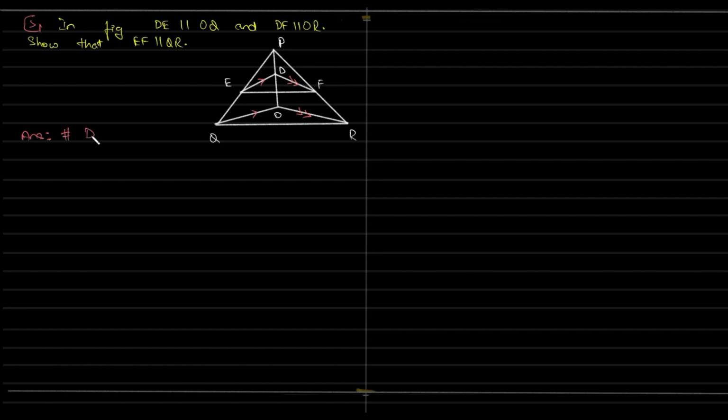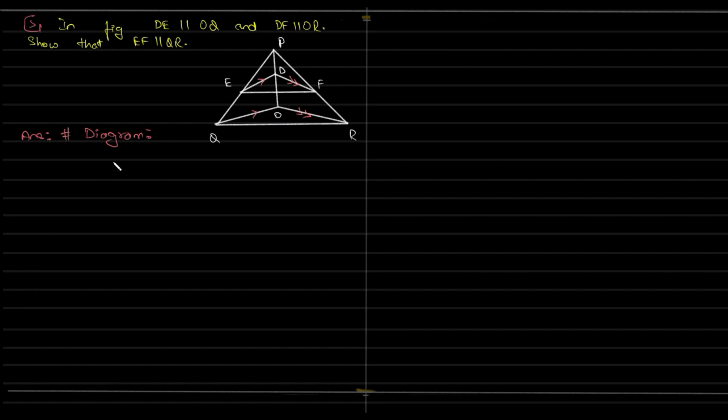Draw things which are given, which are parallel, and whichever triangles those parallel things are in, draw those. So we are looking at first DE being parallel to QO.